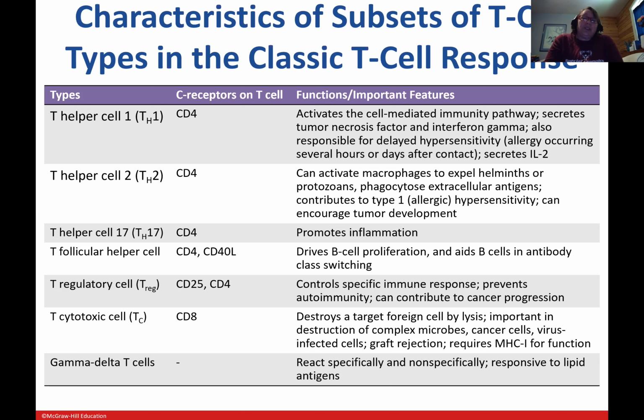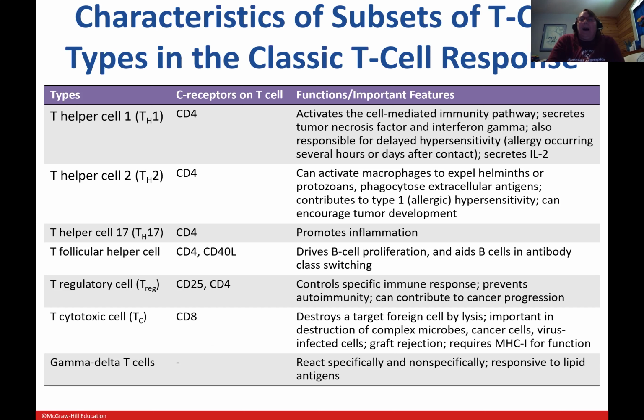The Th2 type of helper T cells are useful to deal with helminth infections as well as protozoans. So this would be involved in the response to amoebic dysentery.